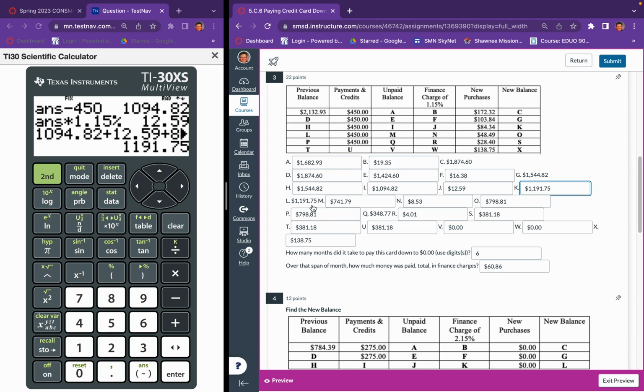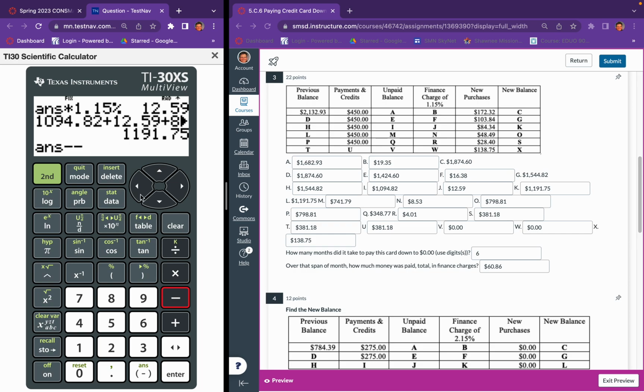So I was right. Dang it. So $1191.75. Then we're going to subtract $450, which is $741.75.